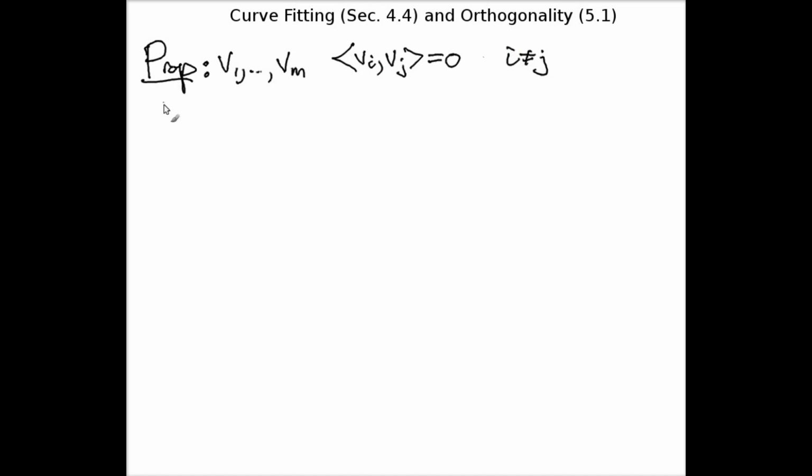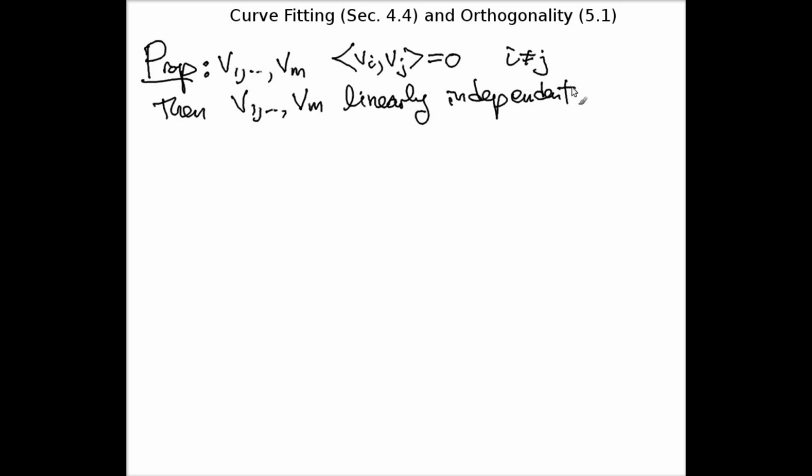There's another basic principle at play here, which I'll now describe. Suppose you have m vectors in a vector space which are orthogonal. So <v_i, v_j> is equal to 0 for all i not equal to j. Then this set of vectors is automatically linearly independent. And that's quite nice because sometimes checking linear independence can be a bit of a pain, but in this setting it's easy.